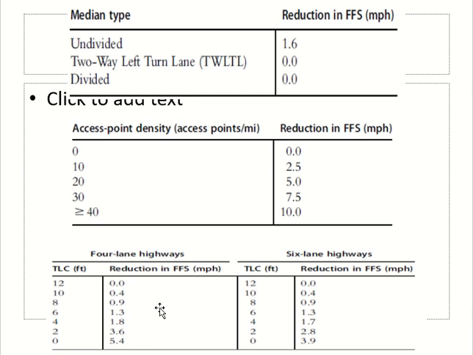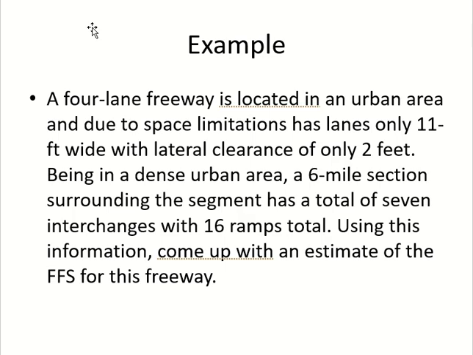So total will be 4 plus 6, 10. Okay, so whenever the highway is undivided, the left hand side lateral clearance becomes 6 feet, and then it is added to the right hand side for the factor. And the reason is to avoid duplication of the effect of the highway being undivided. That effect is already incorporated in the factor of the median type.